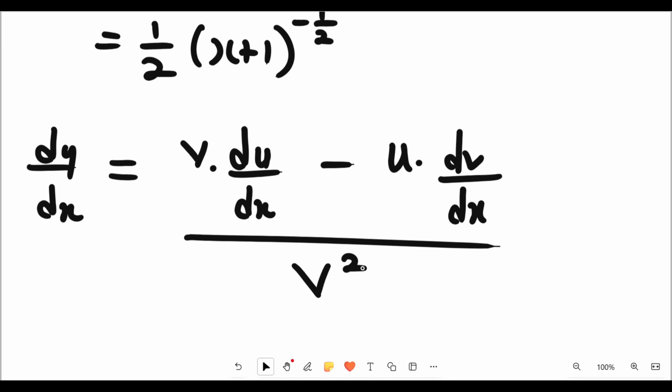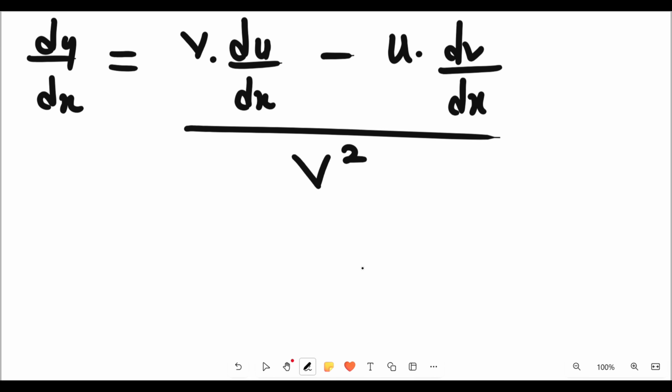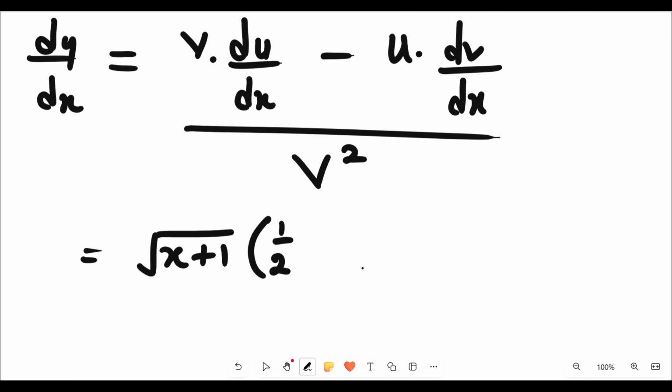So we need to plug in the values now. Wherever you see v, you plug in the value of v. We know v to be the square root of x plus 1, and du/dx to be half of (x minus 1) having an exponent of half.